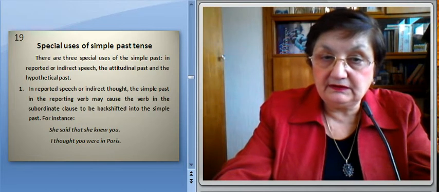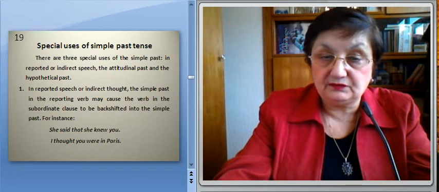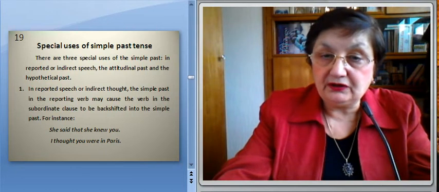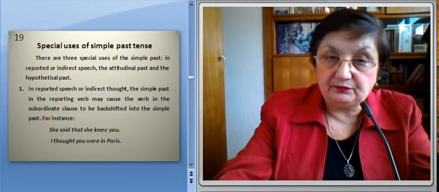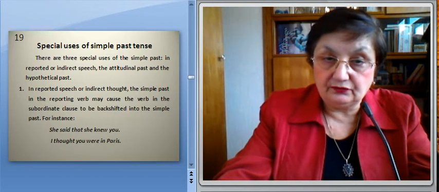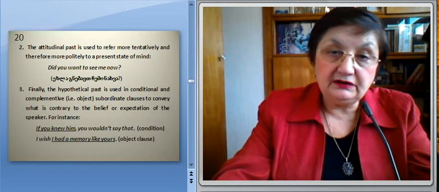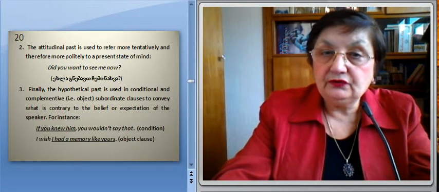For instance, "She said that she knew you," or "I thought you were in Paris." The attitudinal past is used to refer more tentatively and therefore more politely to a present state of mind. For instance, "Did you want to see me now?"